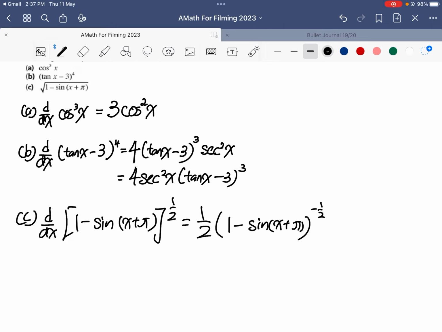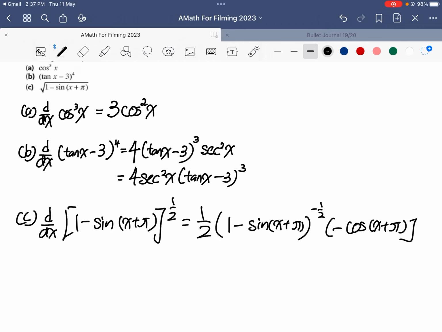Then what I will need to do is to differentiate what I have inside the brackets here. So 1 differentiated is 0. Negative sine x plus pi differentiated gives you negative, no change in sign, cosine of x plus pi.